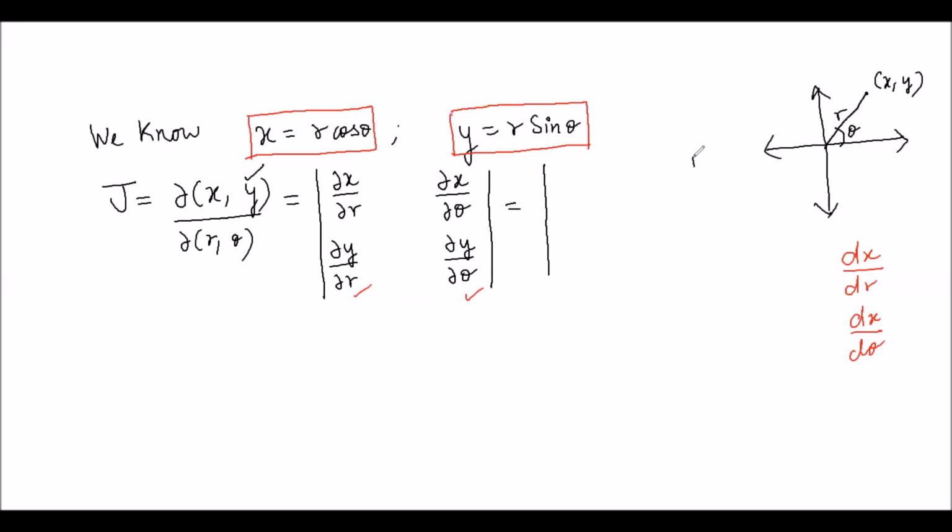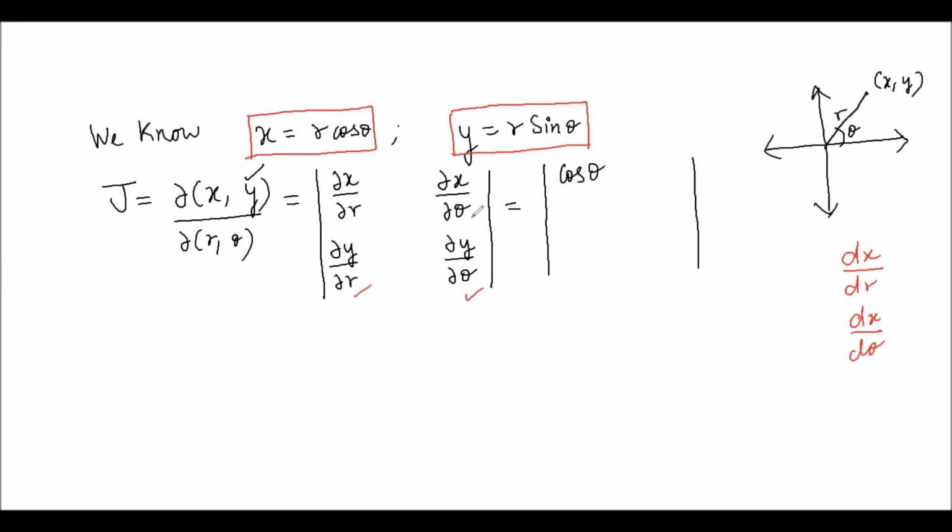Before simplifying, let us write down the partial derivatives here. Del x by del r. Let us go to the definition of x, which is r cos theta. Let us differentiate x partially with respect to r, treating theta as constant. So cos theta will be treated as a constant and the derivative of r will be 1. So it will be cos theta.